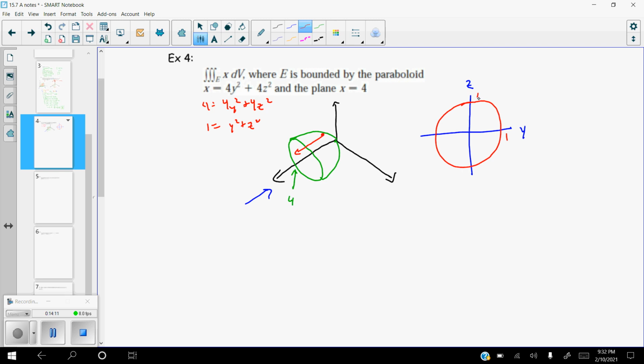So the question is, what's the best method? Could this be done in x, y's, and z's? It certainly can. You would just have to be able to solve this equation right here for the top half of the circle and the bottom half of the circle, or the right and left, depending on which way you did. If you did type 1, you'd have to be going in this direction.